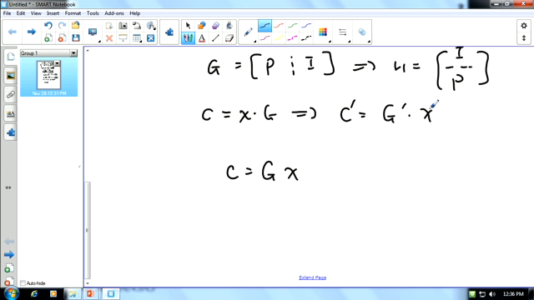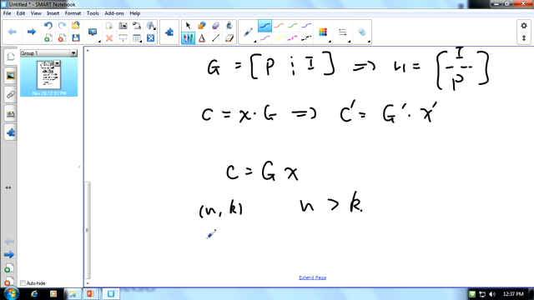Then how do we know which one to use? Because for an (n, k) code, n is always greater than k. So you look at the matrix G. If it's a wide matrix, then it's my notation. If it's a tall matrix, it's the book's notation.